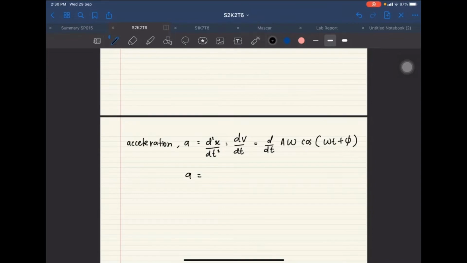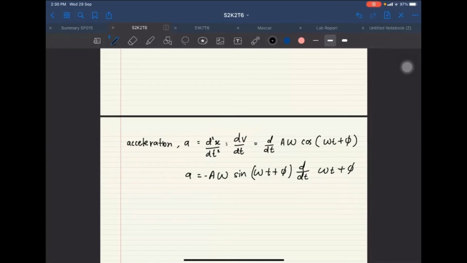Okay, that one is more like you skip a few steps lah, which is good lah. Okay, yang step ni kamu tak perlu tunjuk, tapi saya tunjuk je in case kamu miss out. So A omega tu actually dia constant, so it remains like that. Yang cos tu jadi negative sine, so negative sine omega t plus phi, and don't forget that you need to differentiate yang inside bracket tu once.